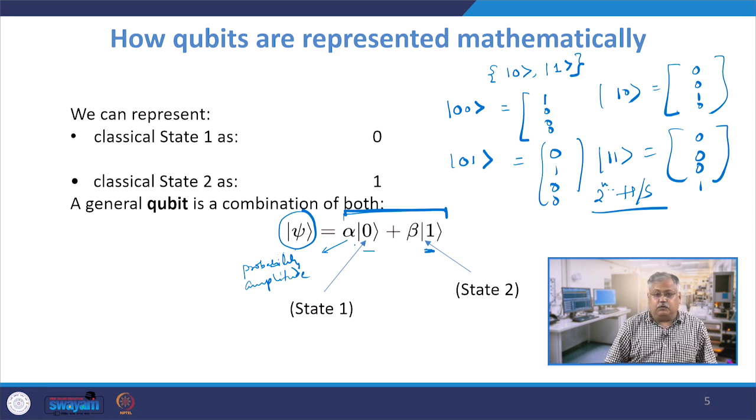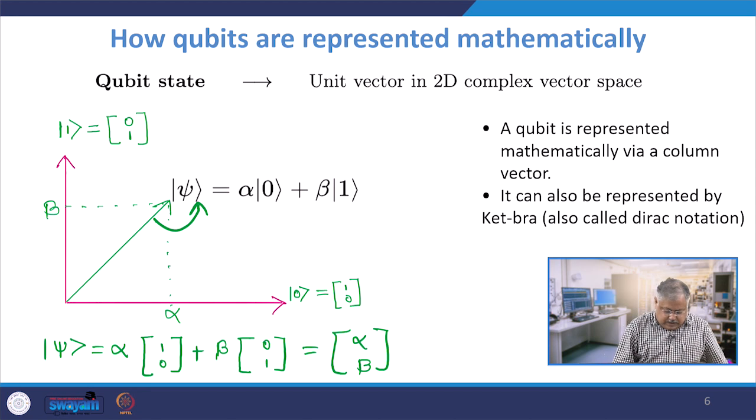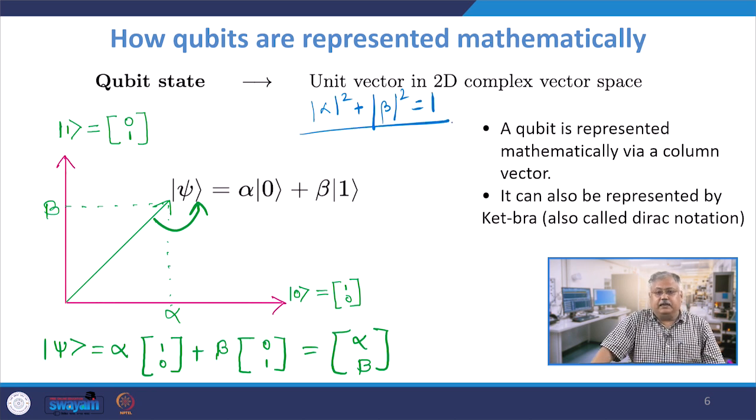Since alpha and beta are the probability amplitudes, alpha square plus beta square will always be equal to 1, because the total probability of finding the value is always equal to 1. That is how you define the outcome, right.